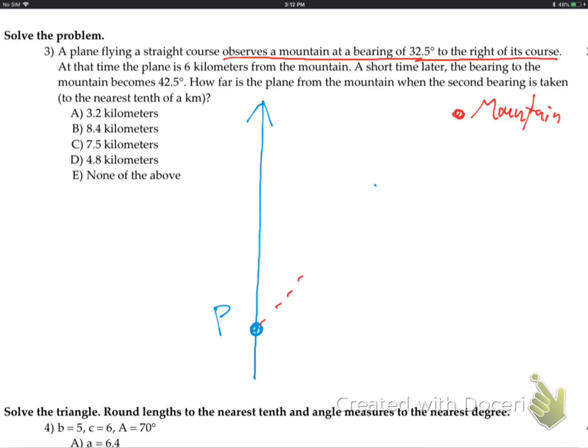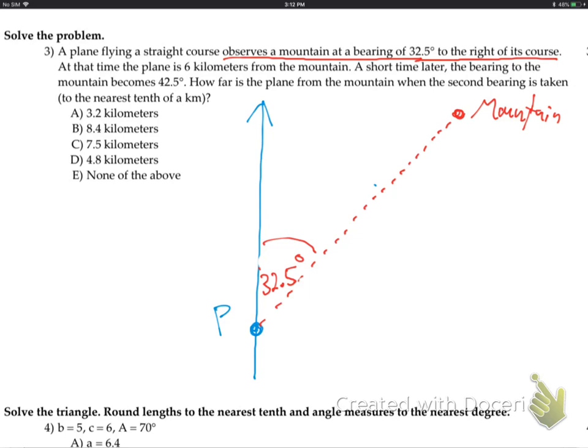So that means this right here is 32.5 degrees. I'm not drawing that very well. This angle is 32.5 to the right of the course.